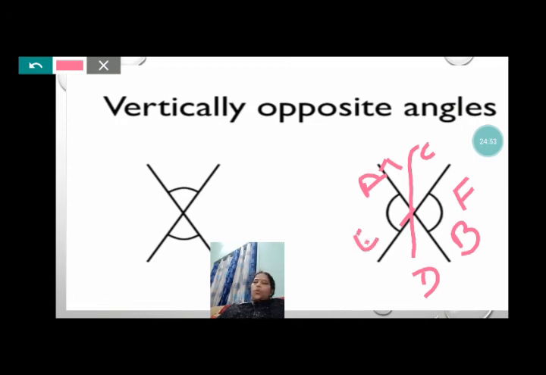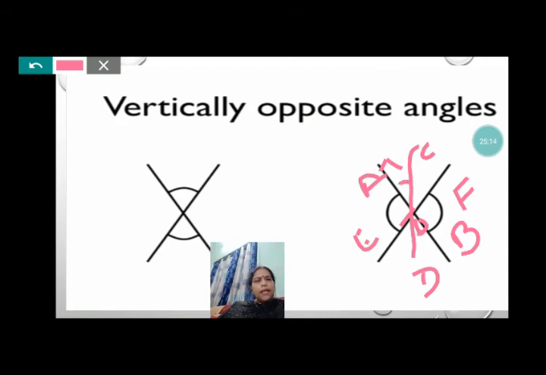Now we have been told to find out vertically opposite angles. Here we can see that AOE and FOB are vertically opposite angles. Then this line intersects over here.